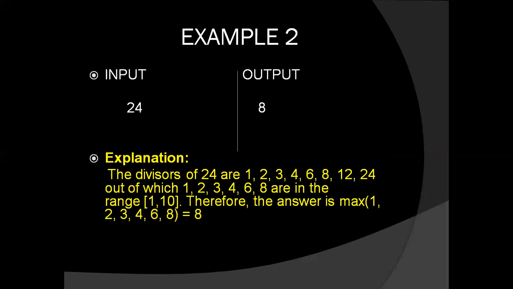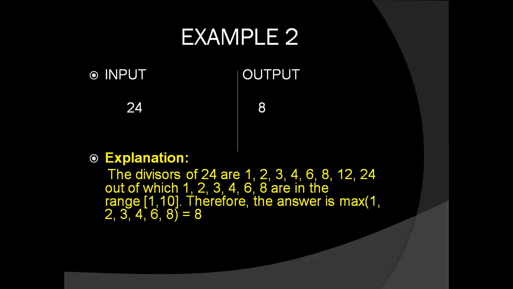Let us take another example where we take the input as 24. We get the output as 8. Let us see how we got this. The divisors of 24 are 1, 2, 3, 4, 6, 8, 12, 24.